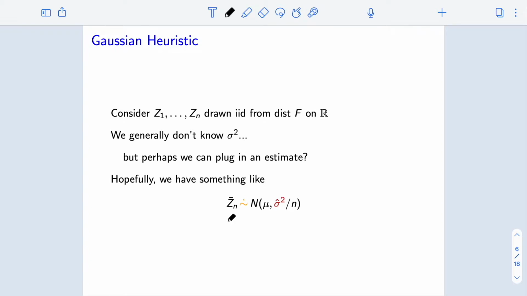Perhaps our sample mean is roughly normally distributed with population mean mu and variance that looks like the sample variance over n. Now note, the sample variance is a quantity estimated from our data. So again, formally, this statement we have written here does not really have meaning and should not be used in formal calculations. But informally, it may help us build some intuition for how we could construct confidence intervals.